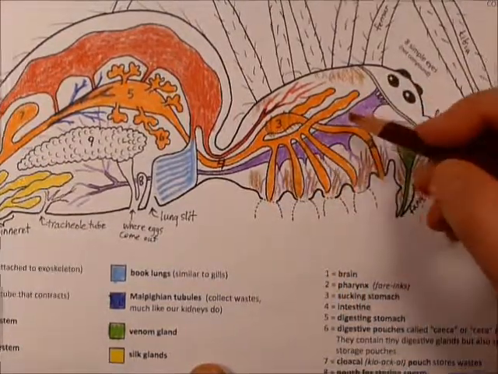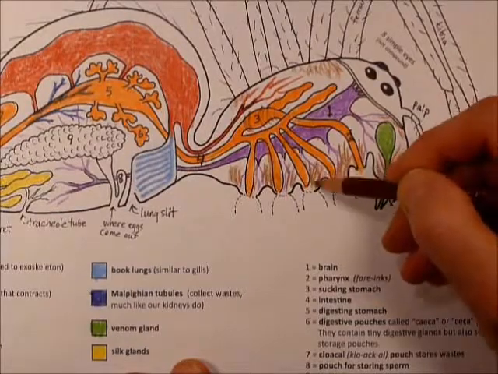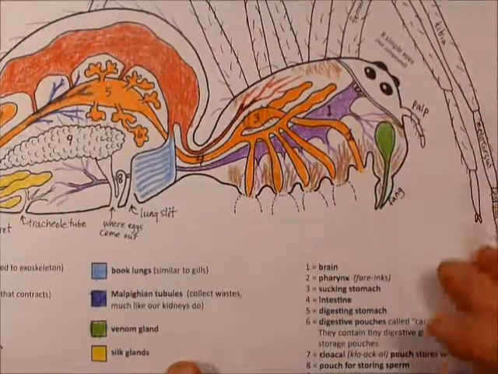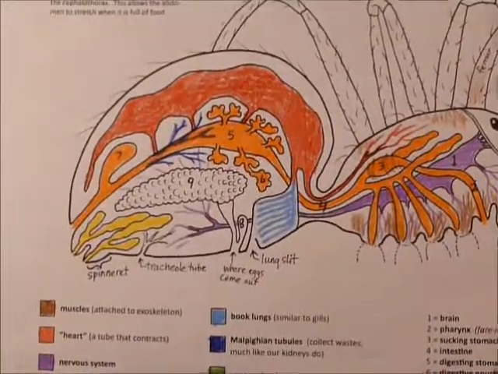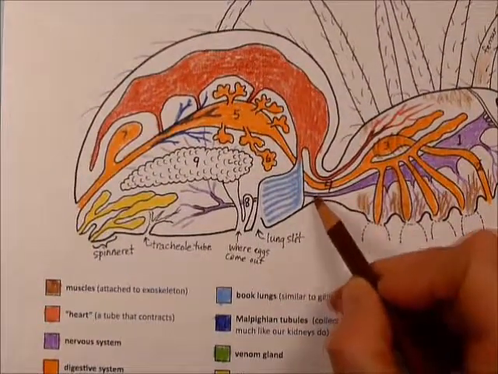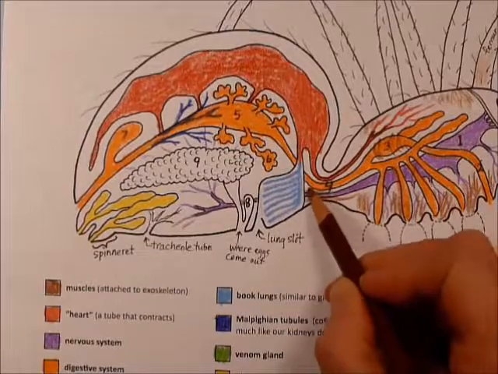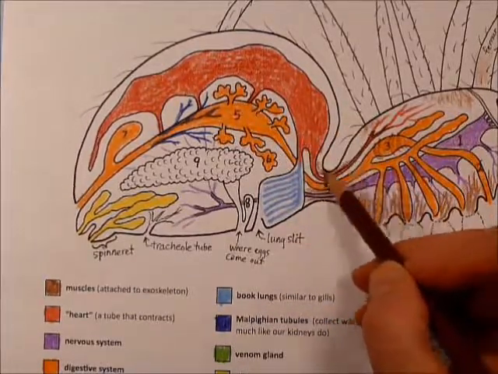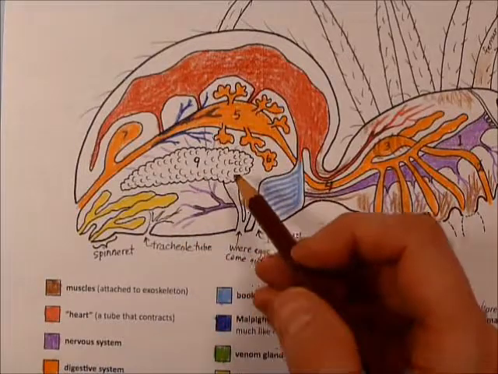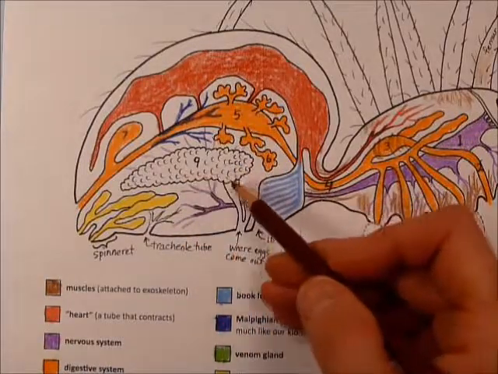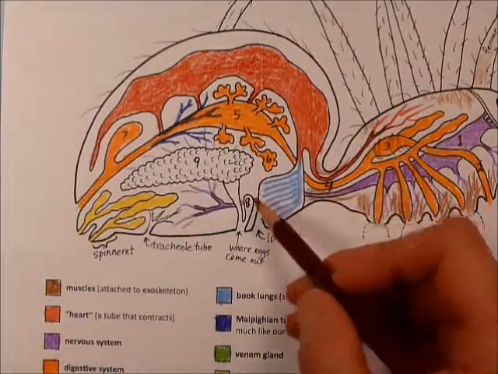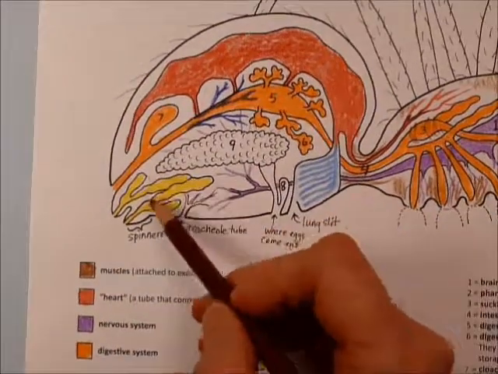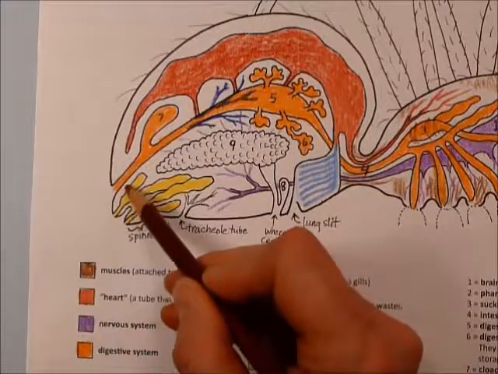I know we don't want to cover over these nice nerves that we drew. Careful not to cover them over. And back here we might have some muscles that the abdomen can move. We wouldn't have as many muscles back here. So what needs muscles? The ovary, the lungs, not too much. We might have some very, very small microscopic muscles, like for the squeezing back in here to squeeze out silk.